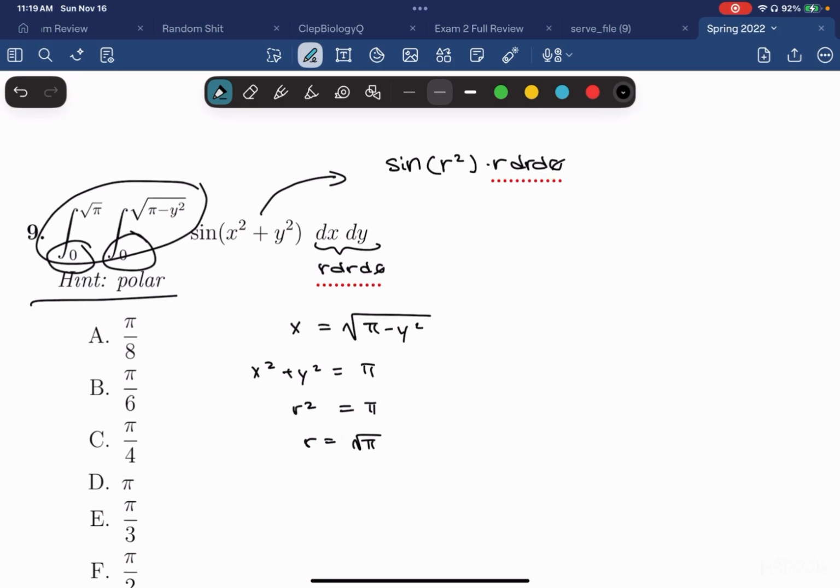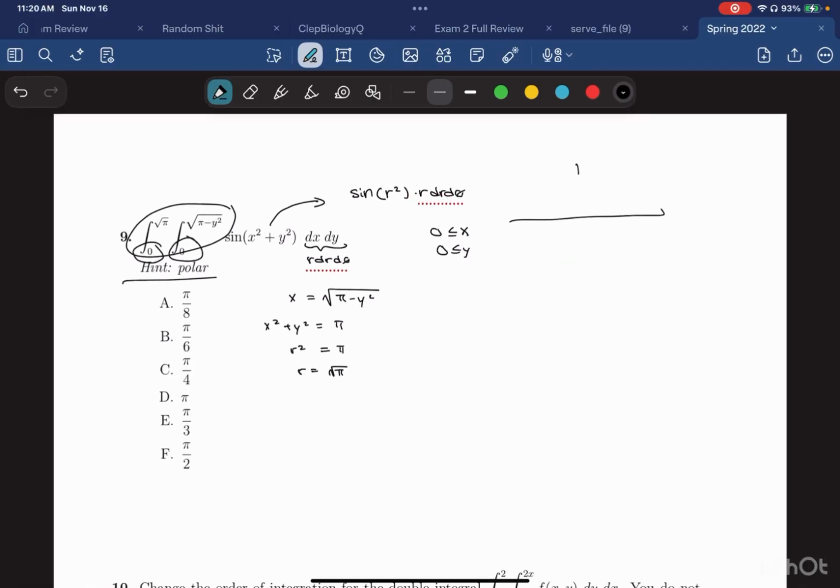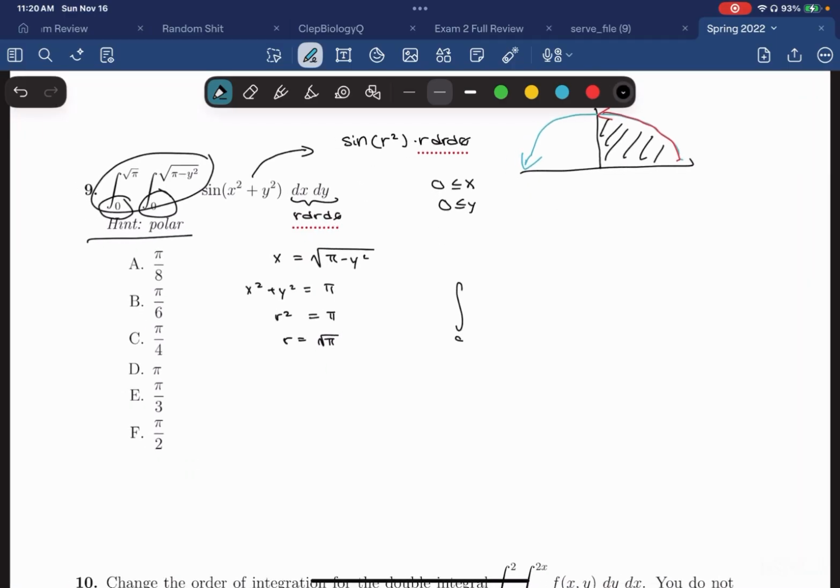So we know that in this case, x has to be greater than 0, and y has to be greater than 0. So what this means is that while y can go to pi, x can only make it so far to pi over 2. So we got to stick with x in this case. So our bounds will be from 0 to pi over 2, and from 0 to square root of pi.